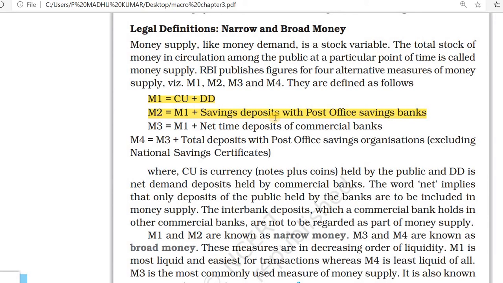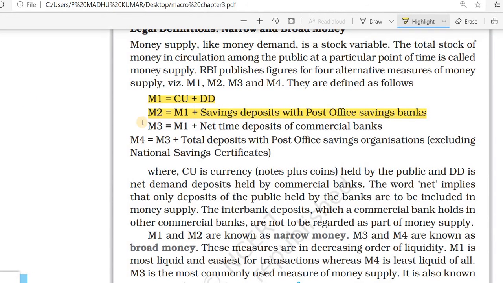Then next one is M3. M3 equals M1 plus net time deposit of commercial banks. In M1 we included only demand deposit; in M3 we include demand deposit plus time deposit.